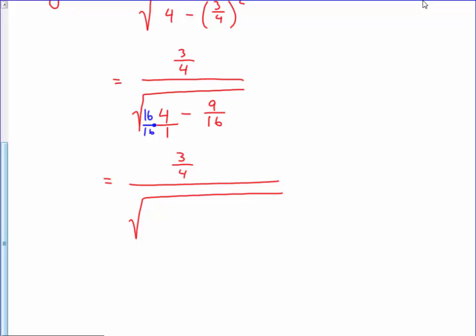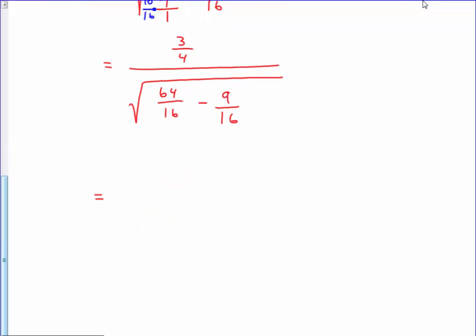Doing that, 16 times 4 is 64, 16 times 1 is 16, minus 9 over 16. Since I then have a common denominator, I can subtract the two fractions in the denominator. Keep the root sign. 64 minus 9 would be 55 over 16.